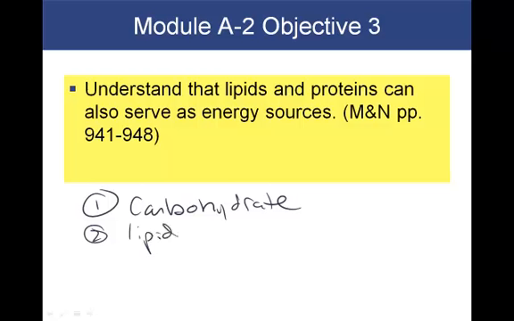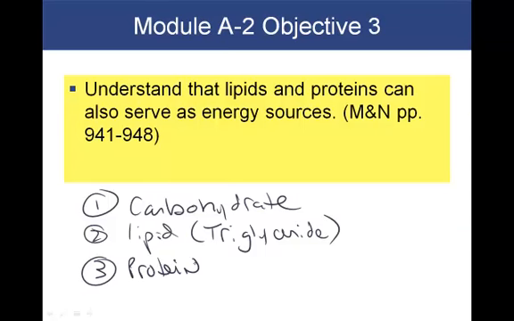How is lipid stored in the body? In our fat cells, lipid is stored in the form of a triglyceride. Once the lipid is gone, the body can metabolize protein. But this is something that the body really strives not to do, and that's why lipid storage is so important.